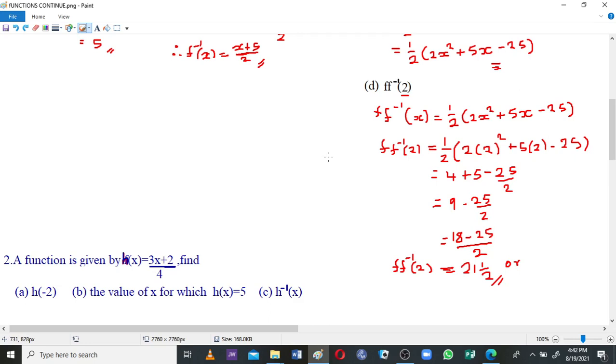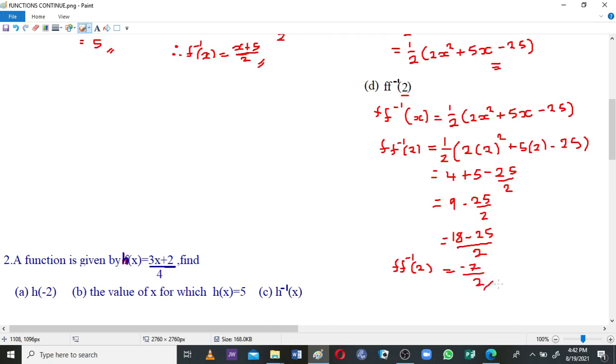Now if you check what we have here, this is 18 minus 25 and not plus 25, so definitely this is not what we are getting. So what we are getting here is 18 minus 25, that will give you negative 7 divided by 2.